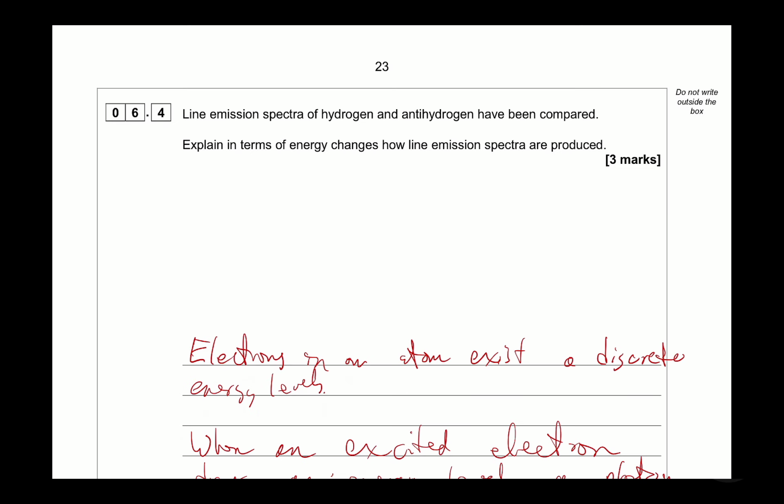Fun fact: the antihydrogen that we have created in labs, we've been able to test their line emission spectrum, and it is identical. It is indistinguishable from hydrogen. So actually, if there were an antimatter star out there, we wouldn't be able to tell by looking at the emission spectra, because the emission spectra should be identical to the same kind of star made of matter.